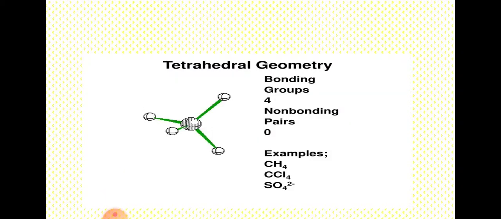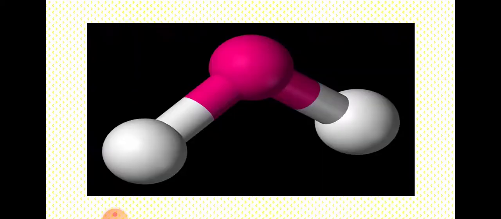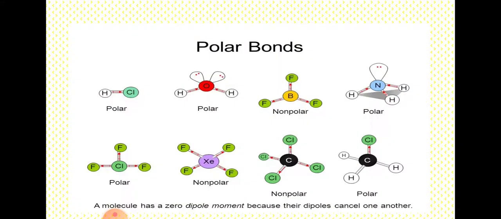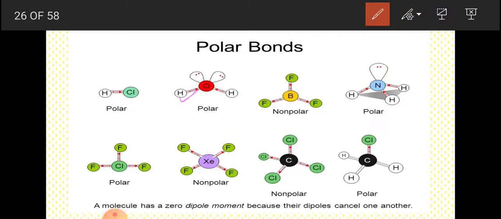This must be the structure of water. Two bonds, two lone pairs. The shape should be tetrahedral.